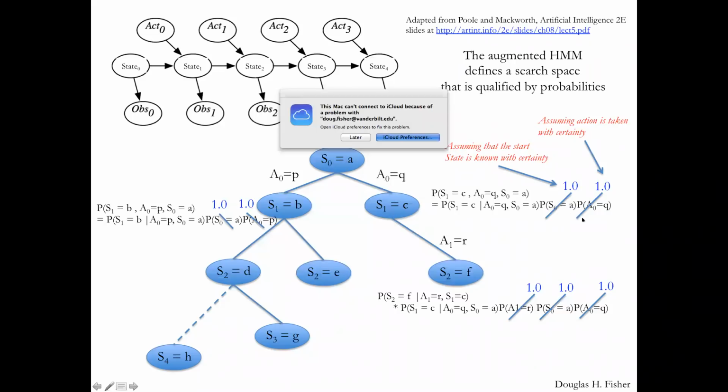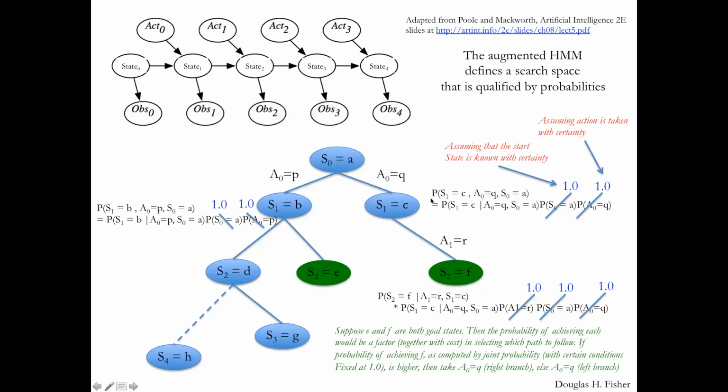Some of these, because of the fixing of particular values, action and initial state, are going to simply be 1. The probability that the initial state is A, given what we've said, is going to be 1, and the probability of this action being taken is going to be 1. What follows, though, is not necessarily going to be 1. It is going to be based on the probability of C given A and that action.